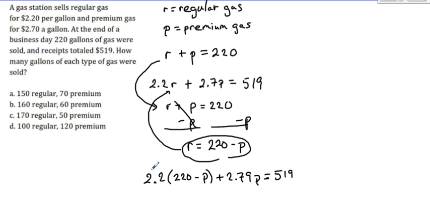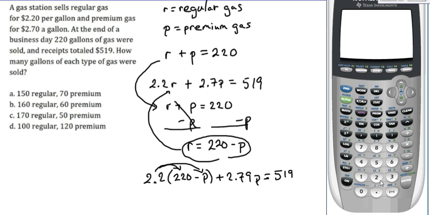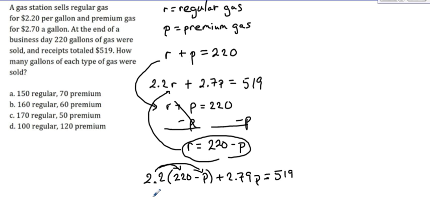Okay, let's go ahead and distribute the 2.2. And let's get a calculator here to do 2.2 times 220, and we get 484.